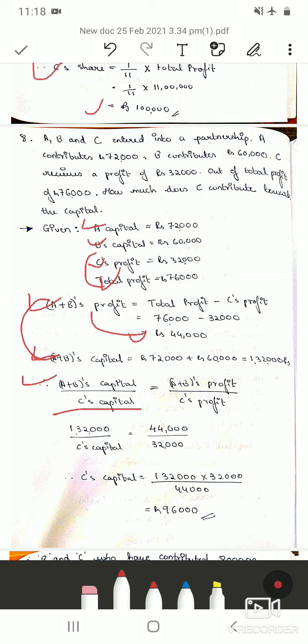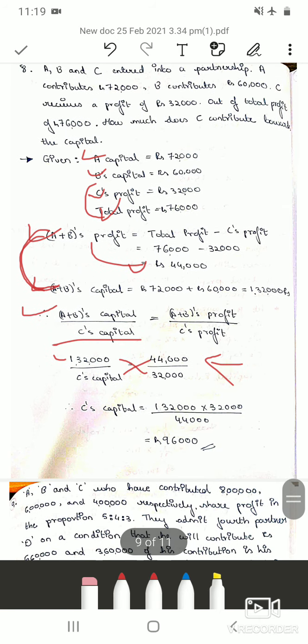So A plus B's capital, we got it as 1,32,000 divided by C's capital is equal to A plus B's profit, 44,000, divided by C's profit, 32,000. So we can cross multiply and simplify for C's capital, which is 96,000 rupees.